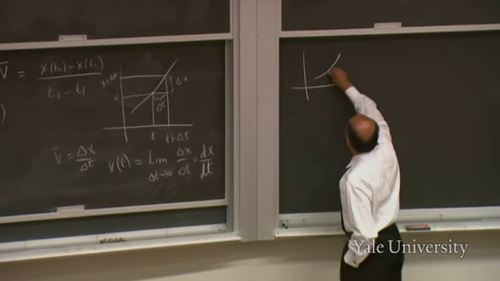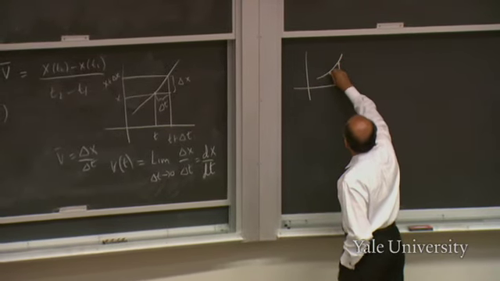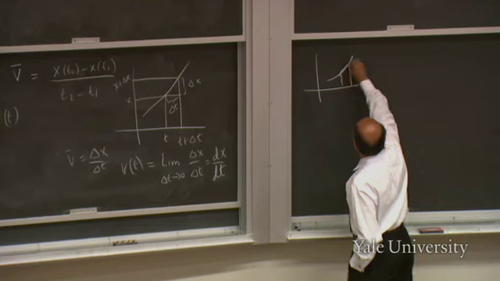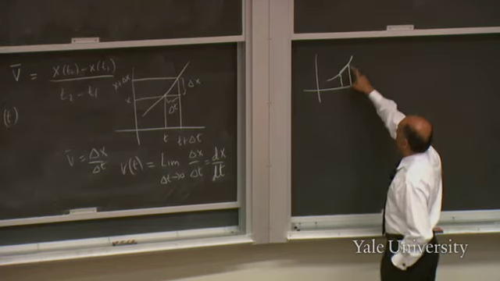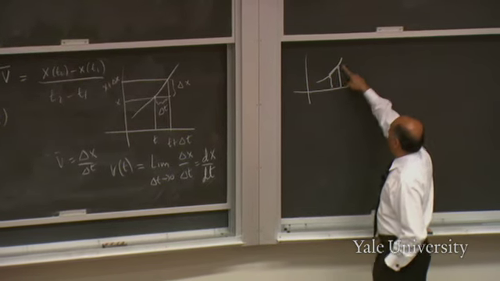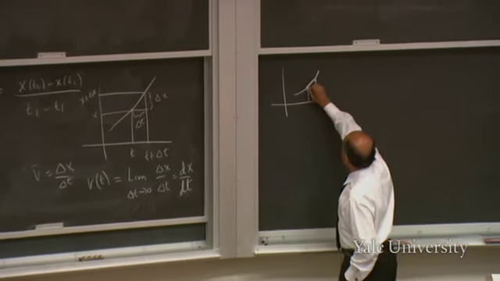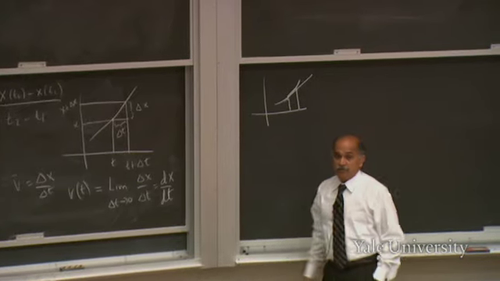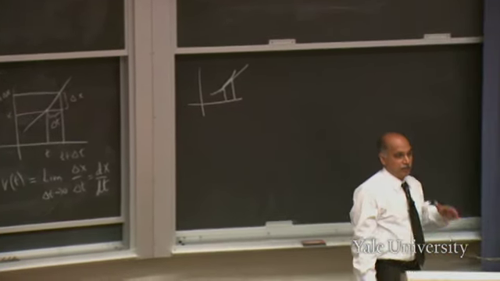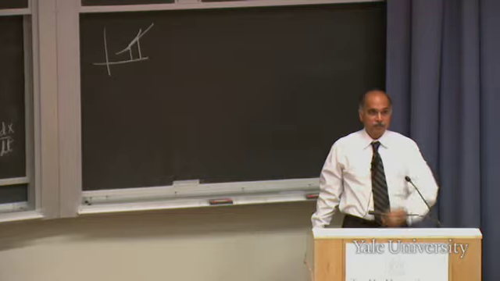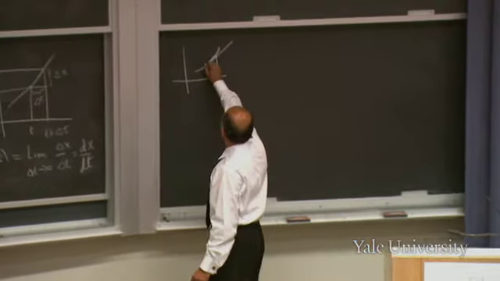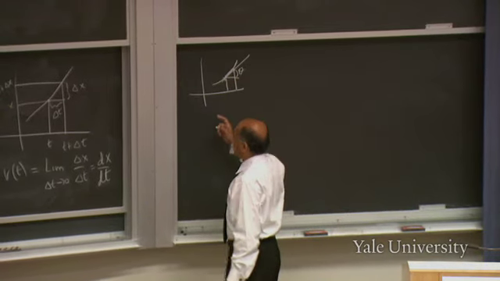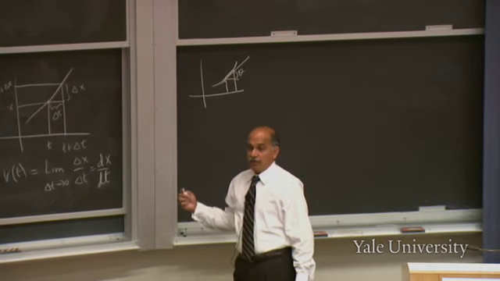If a particle goes from here to here, delta x over delta t, I don't know how well you can see it in this figure, is the slope of a straight line connecting these 2 points. And as the points come closer and closer, the straight line will become tangent to the curve. The velocity at any part of the curve is the tangent to the curve at that point. If this angle is theta, then delta x over delta t, by trigonometry, is tan theta.